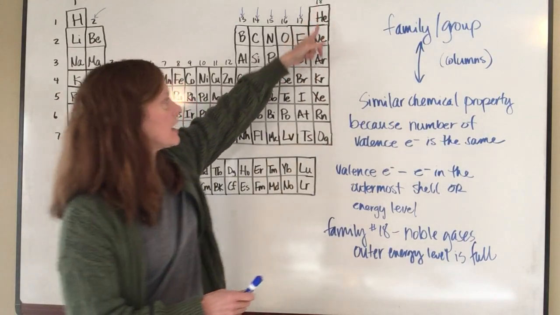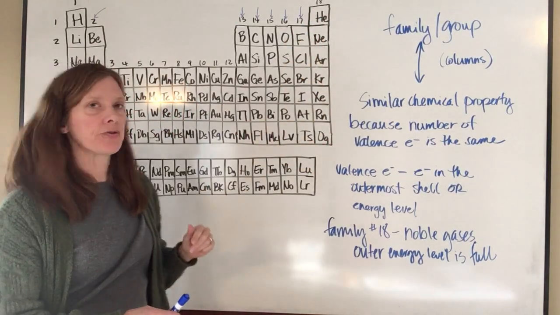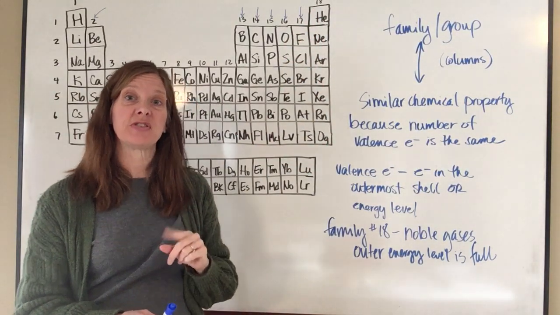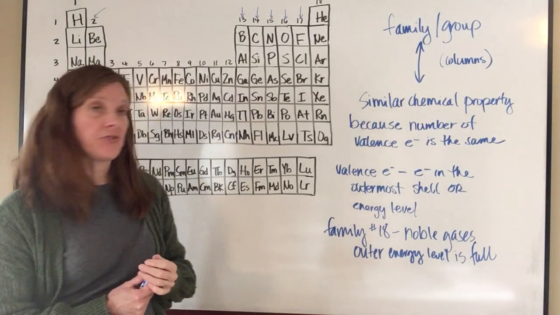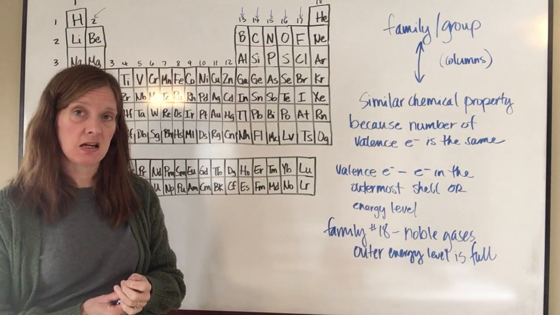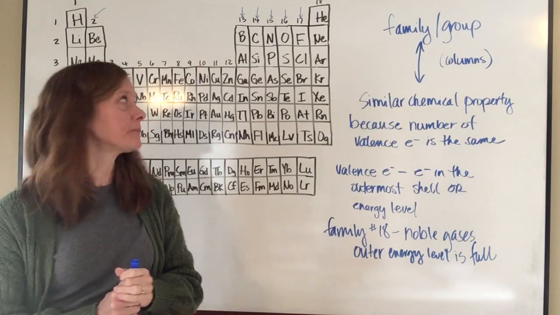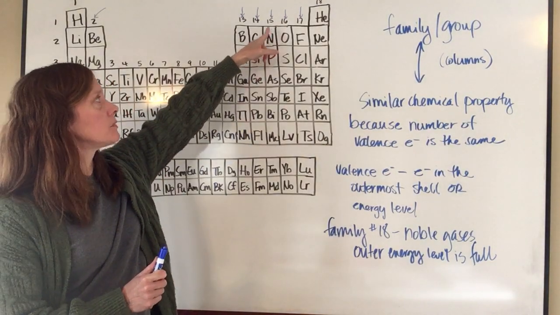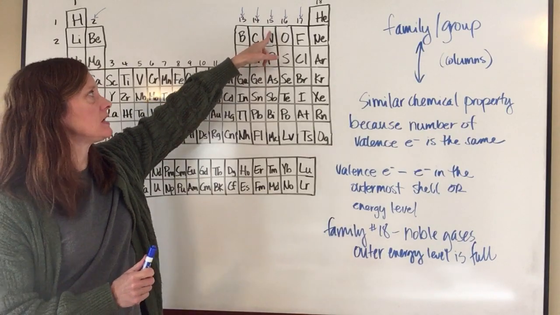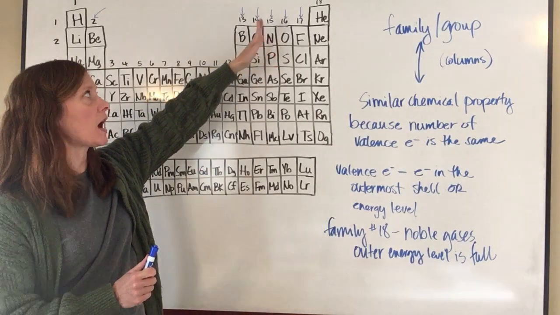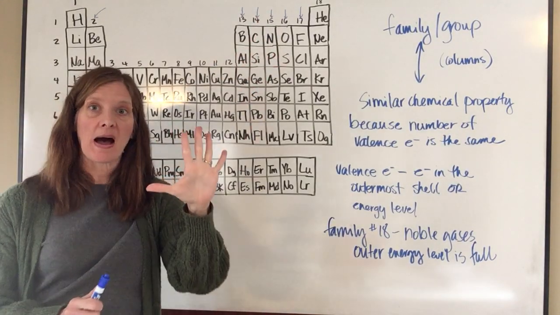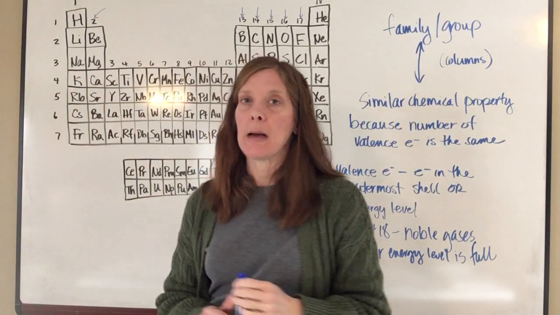So everybody here has 8 valence electrons. If you look at column number 15, family 15 or group 15, how many valence electrons do they have? Do you remember how I just told you to tell? Yeah, column number 15, group 15 that just has nitrogen on the top. Everybody there has 5 valence electrons. How about group 2?